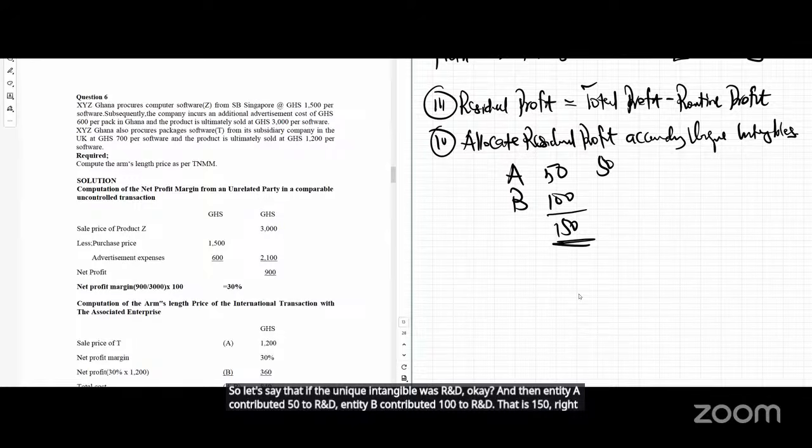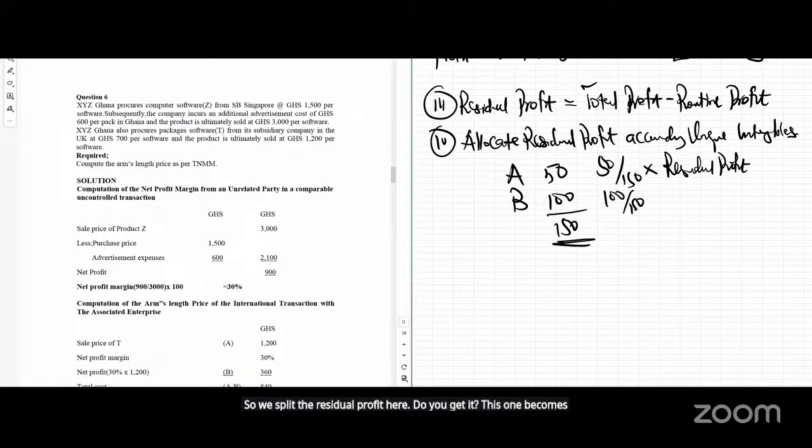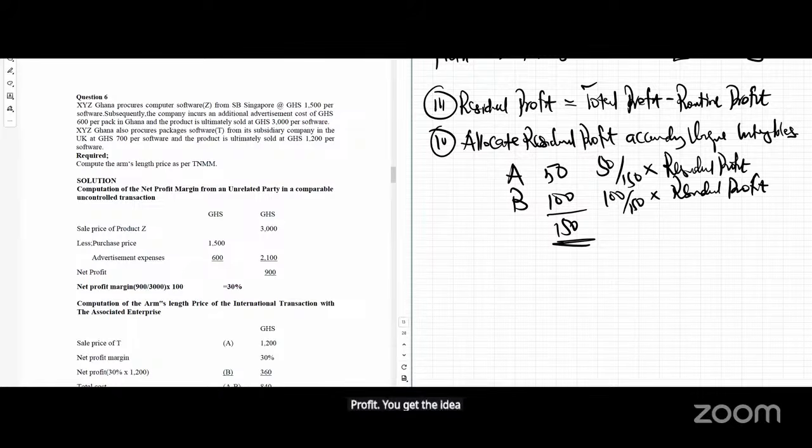So this one becomes 50 out of the 150 times the residual profit, and we split the residual profit here. Then this one becomes 100 out of 150 times the residual profit. That's how we share the residual profit.